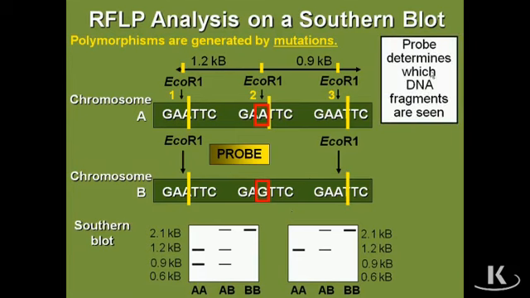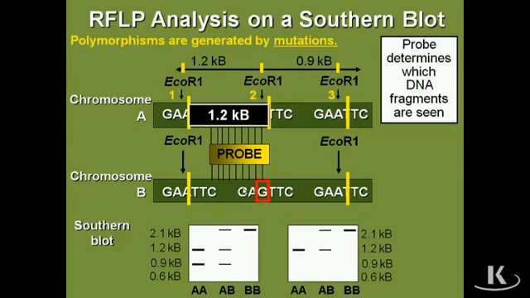Now, the probe, as I said, is going to determine which DNA fragments we see on the eventual southern blot. You could see that this probe is going to complementarily base pair with chromosome A up here in the following way. So you should see a 1.2 kilobase fragment somewhere in the southern blot.